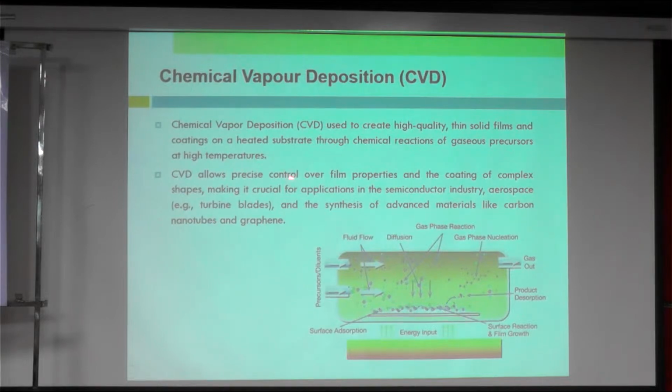So CVD allows precise control over thin film properties and the coating of complex shapes, making it crucial for applications in the semiconductor industry, aerospace, for example turbine blades, and the synthesis of advanced materials like carbon nanotubes and graphene. So it's more towards different types of material deposition.